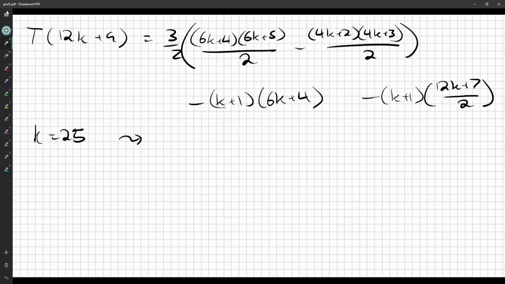Divide that by 4, multiply it by 3. I get 10,023. And then minus 26 times 154 again.